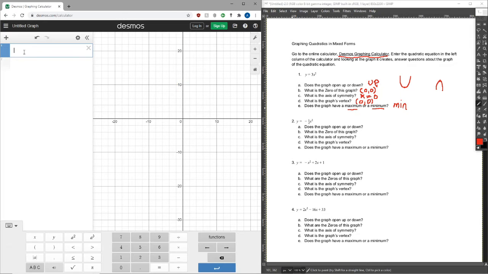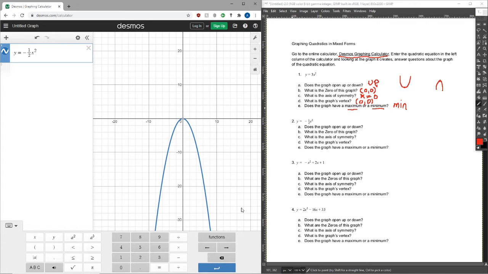Okay, so now let's look at number 2. Number 2 says y equals negative 1/2 x squared. And I just erased my first problem, and I'm ready to put in my second equation. So I'm going to say y equals negative 1/2 x squared.